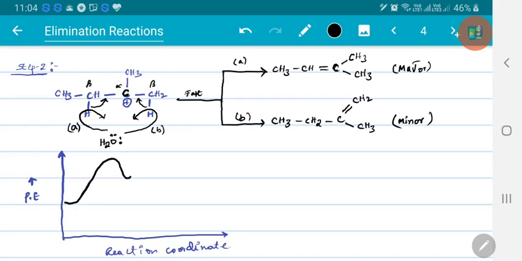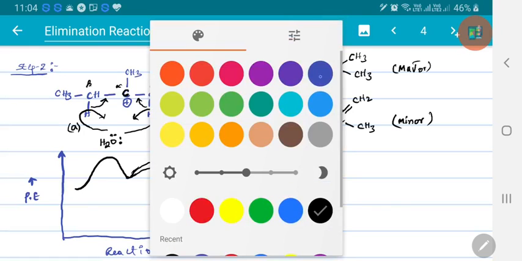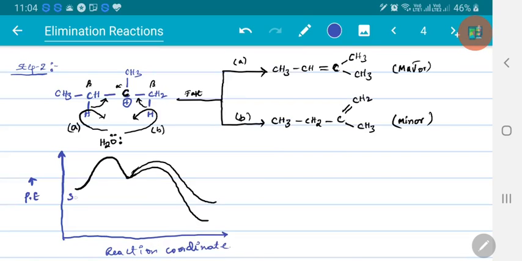This intermediate will lead to formation of product, either by path A or by path B. Here let me call this the substrate or reactant, and this is the carbocation intermediate.